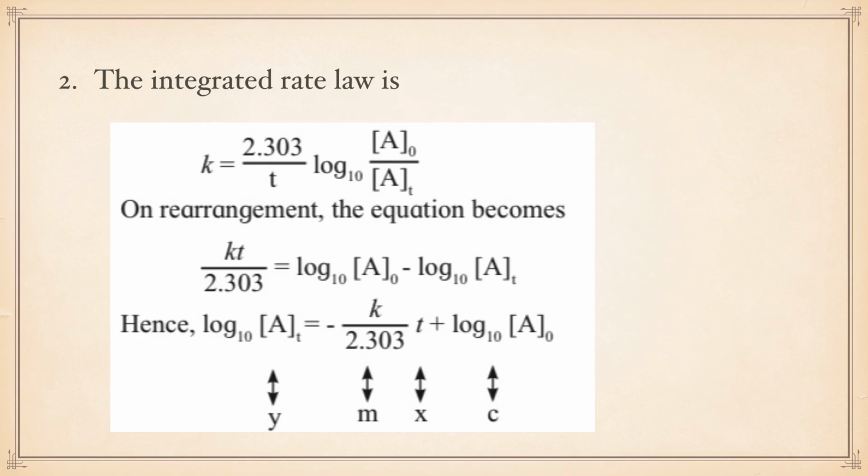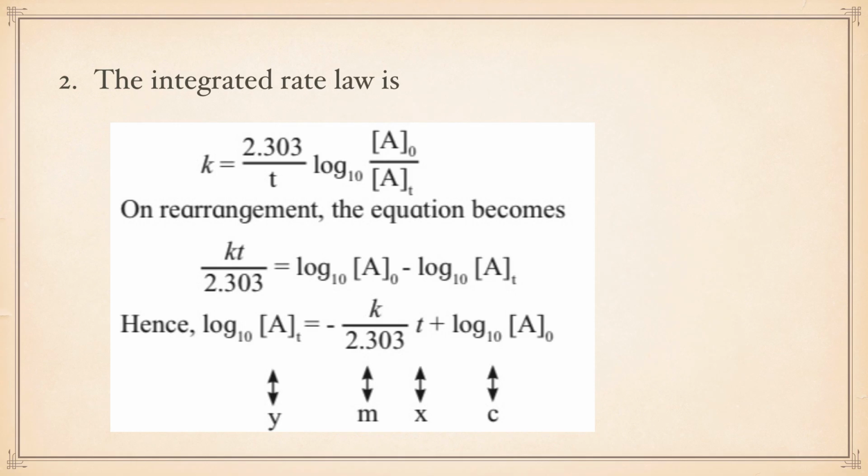As you know that log A upon B can be written as log A minus log B. So I'll get log10 [A]t is equal to minus k/2.303 t plus log10 [A]0.